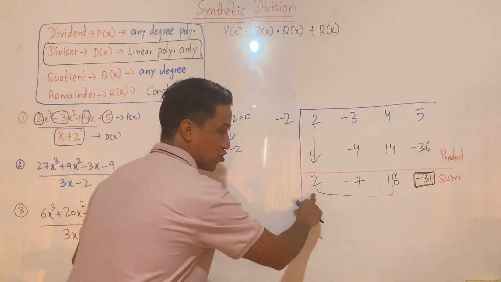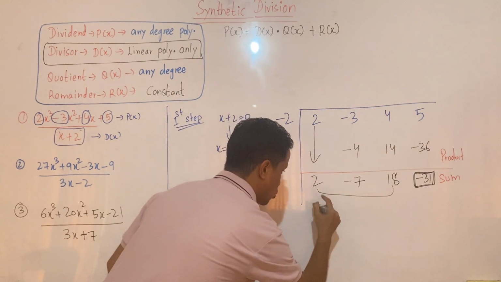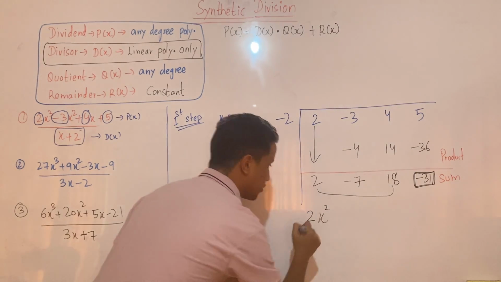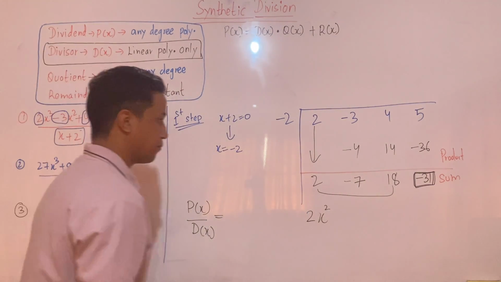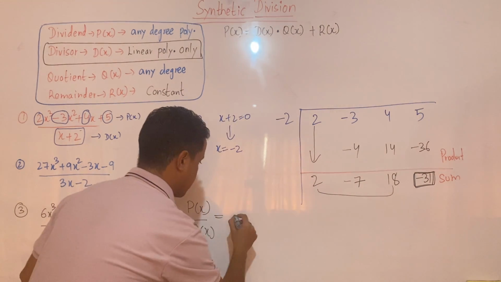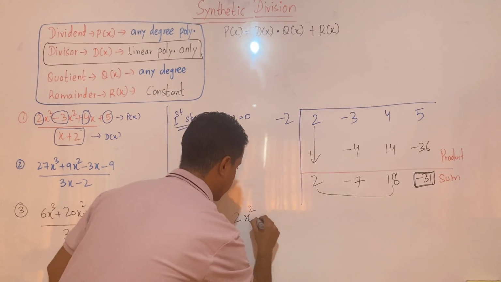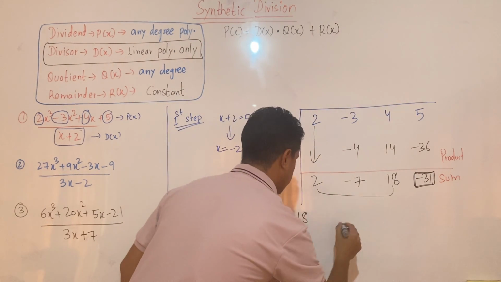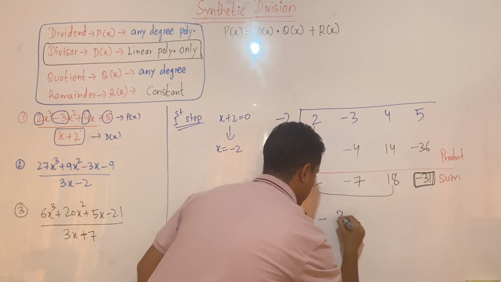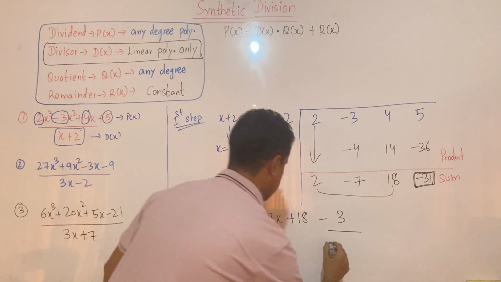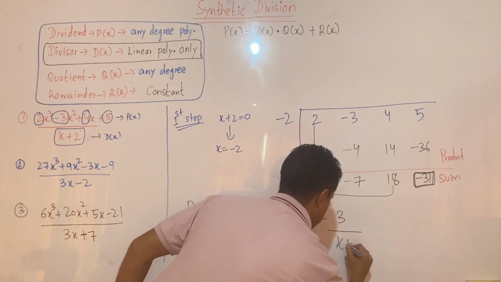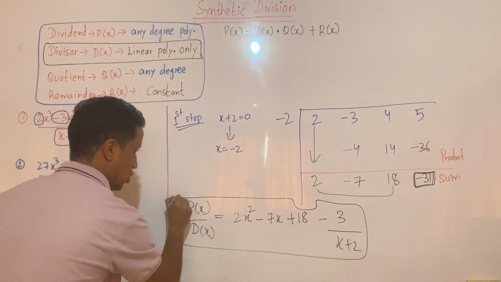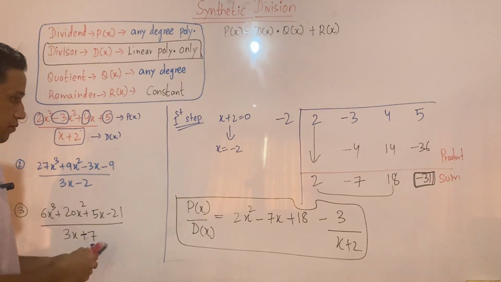So this term is going to be the coefficient of x square. I will write it here: 2x square minus 7x plus 18, and here minus 31 over the divisor x plus 2. Why did I write this? From where did it come?